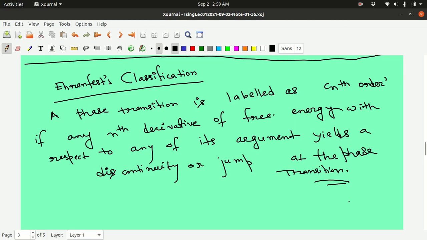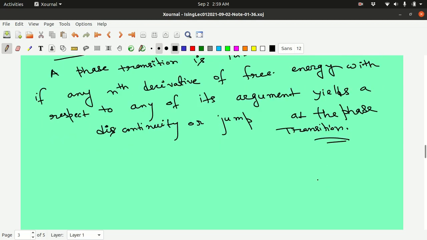And now after defining that, there is one quantity which is called the order parameter. So what is the order parameter?